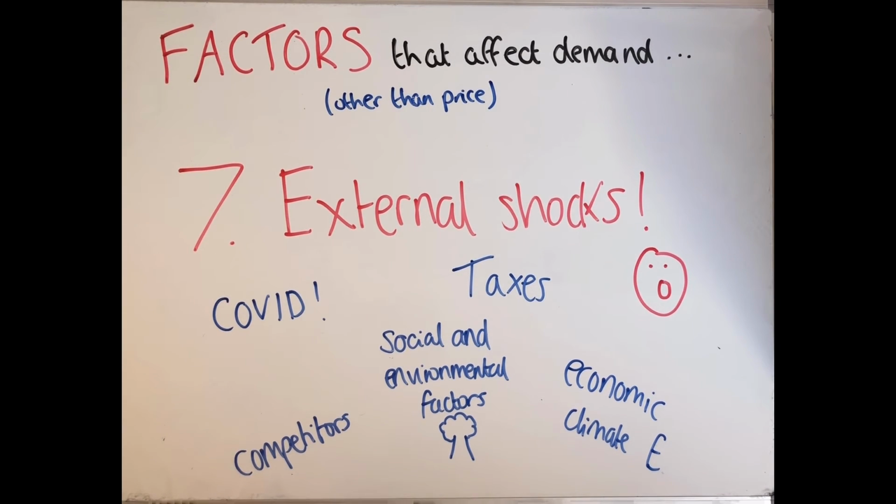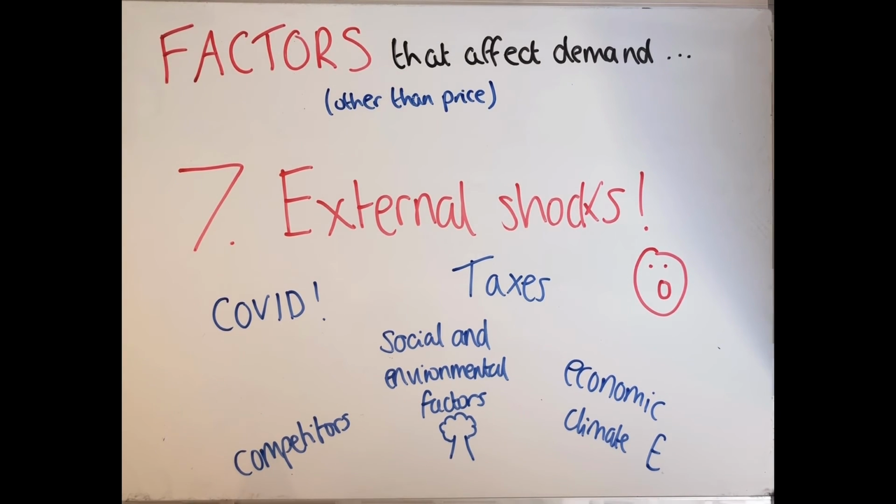Social and environmental factors. This is also quite a big one in recent times. For example, customers are starting to want to use products with low carbon emissions. Therefore, they're going to buy products from companies that are environmentally friendly. Social factors such as the demand for social media has increased, which has in turn led to an increase in products like smartphones.